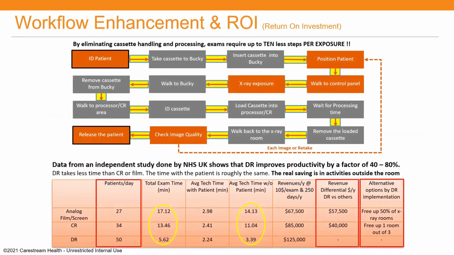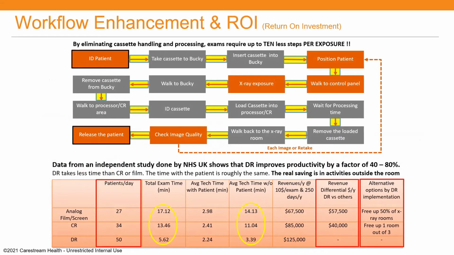So in the first part of this slide, I wanted to put some of the key steps of the workflow that have been described very well in the two presentations that were made before. Basically, I just want to focus your attention on the streamlining of the workflow when you are moving to a digital solution, in particular when you are moving to the flat panel detector.